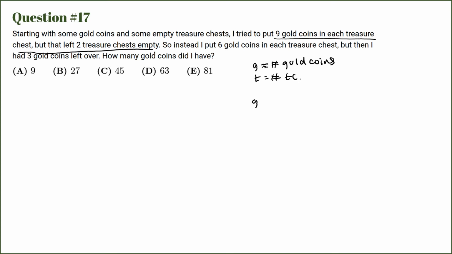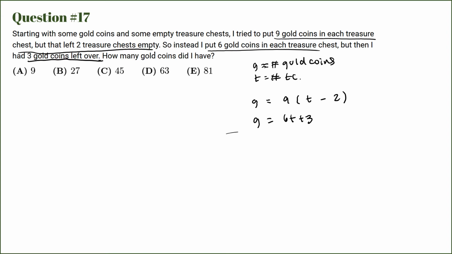So gold coins, the total amount, equals 9 times the amount of treasure chests minus 2. And we also know that the gold coins equals 6 gold coins in each treasure chest, so that's 6t, but then you have 3 gold coins left over, so that will be plus 3.